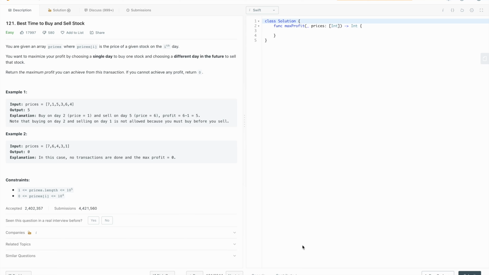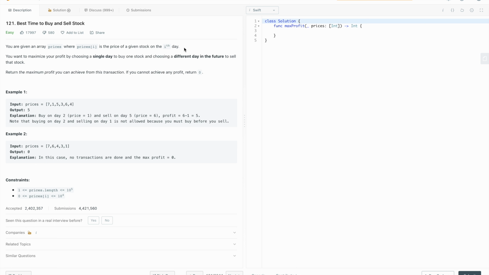Let's jump back into another question, LeetCode 121, Best Time to Buy and Sell Stock. You are given an array prices where each element is the price of a given stock on the ith day.